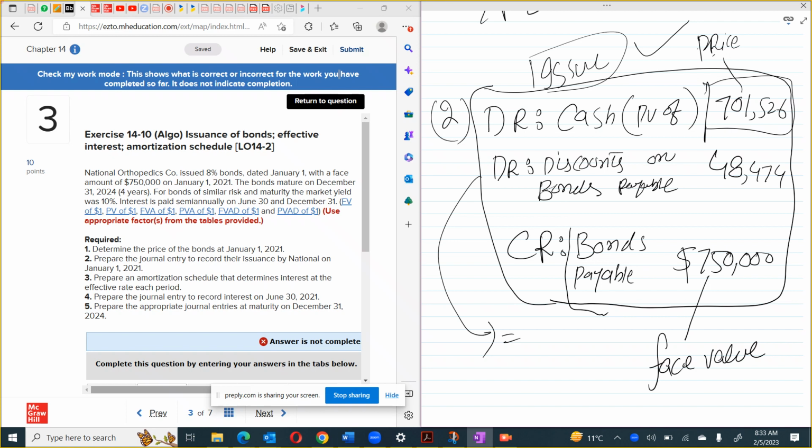If you are at 31st December, you will pick the carrying value at 30th June, and multiply it by the effective interest rate, the yield, the market interest rate.